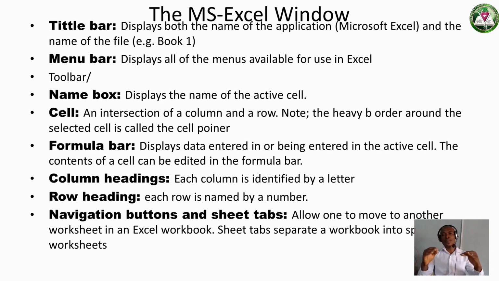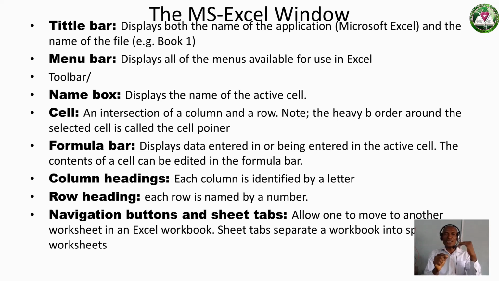Now, on the top left corner of that window, there is a place that is called the name box. The moment you open the Microsoft Excel window, the first cell there is cell A1, because cells are identified using the column alphabet and the row number.